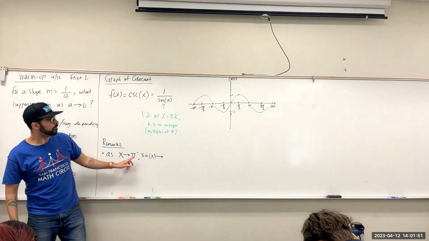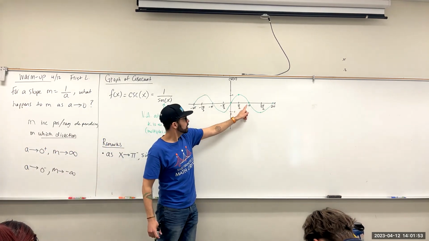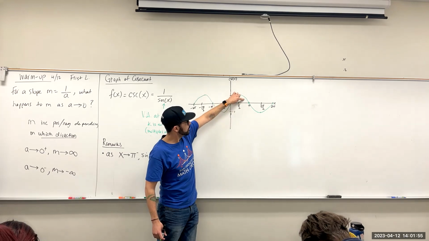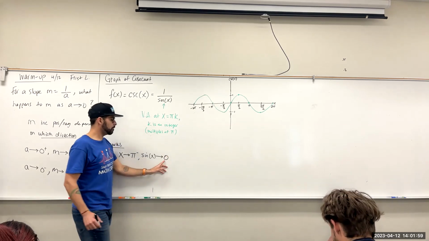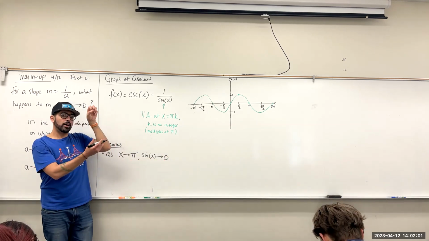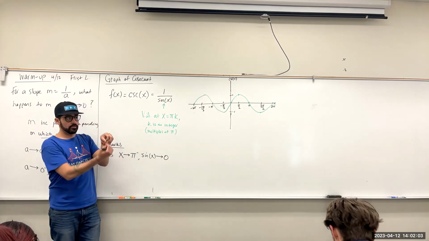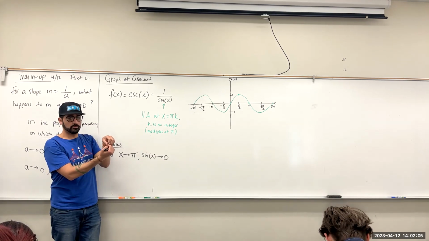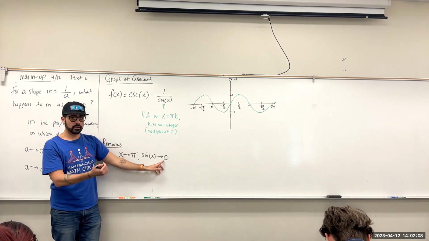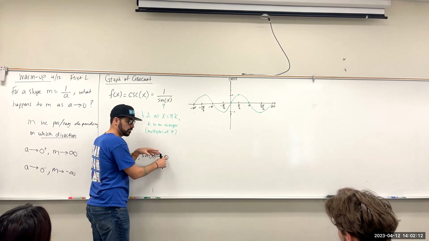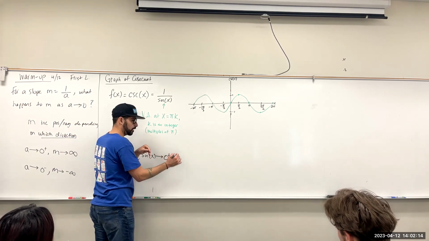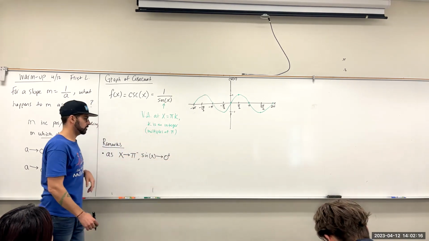As I approach pi from the left, coming from the left, what are the values of sine approaching? They're approaching 0. But are they approaching 0 from values greater than 0 or less than 0? Greater than 0. So how would I write it? I'm approaching 0 from values bigger than 0. Plus, from the right, or plus and positive.